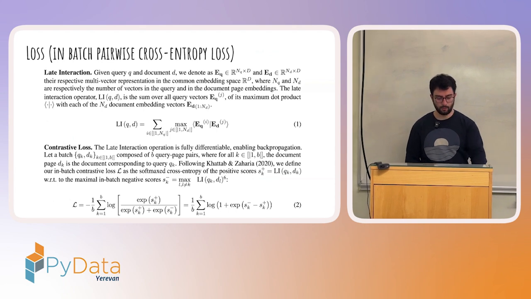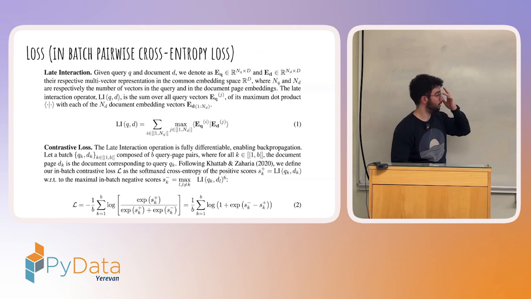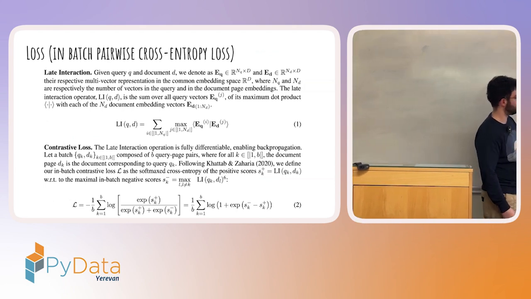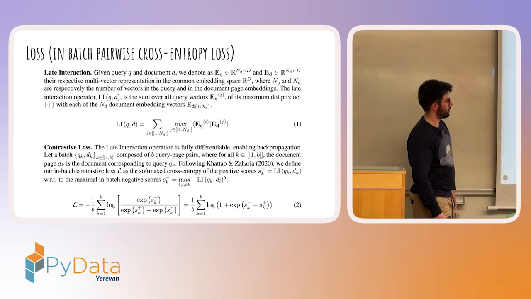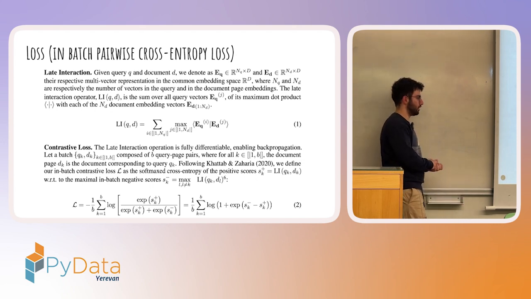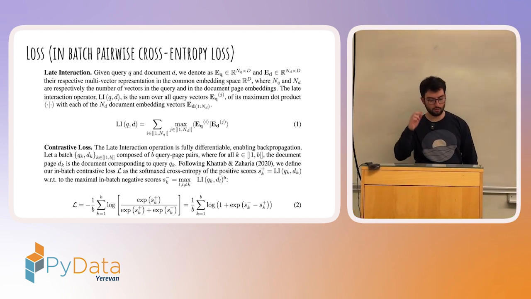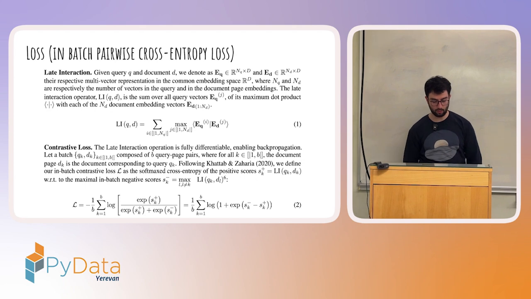And let's see what's happening with the loss. Usually the upper part is the late interaction part, the formula for it. So E_Q is the embedding of the queries, and the embedding of documents is E_D, so the max sum is happening there. And as usual, embedding models are trained with a contrastive loss. In our case, ColPali used in-batch pairwise cross entropy loss.